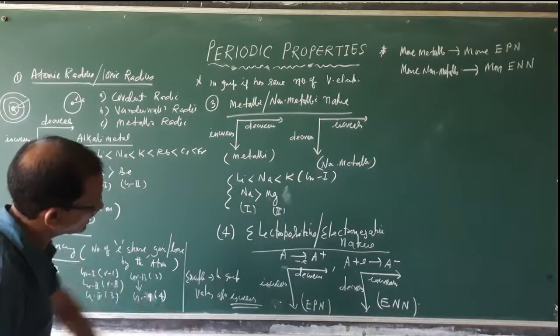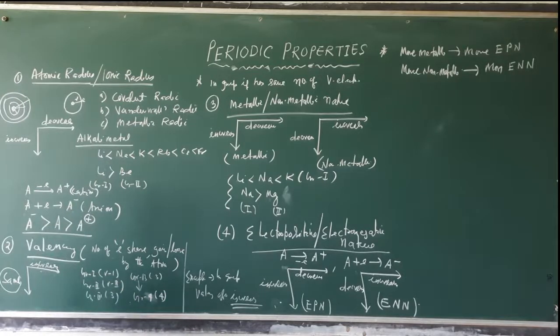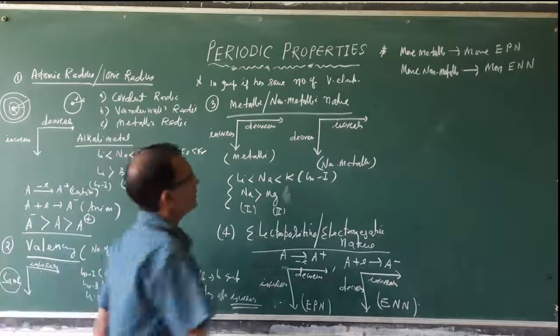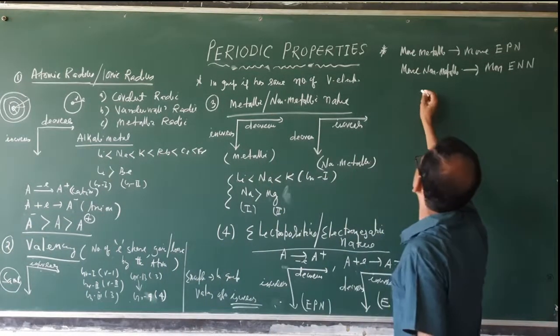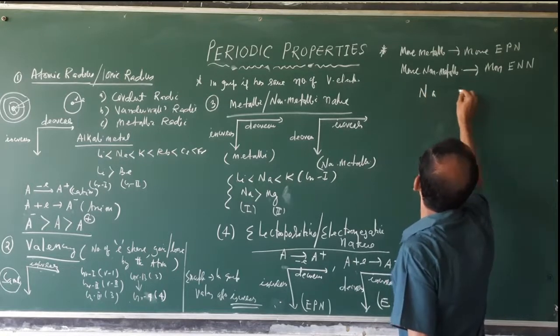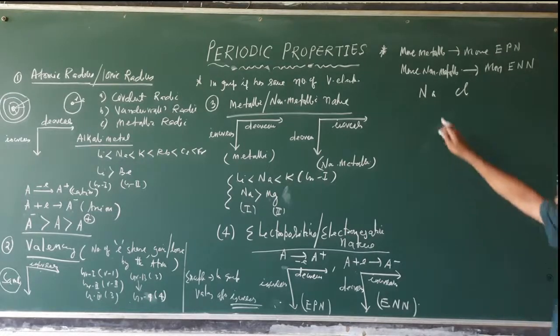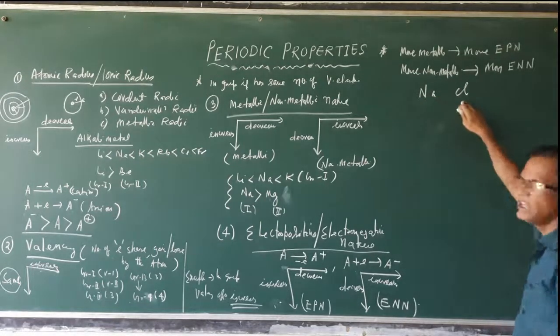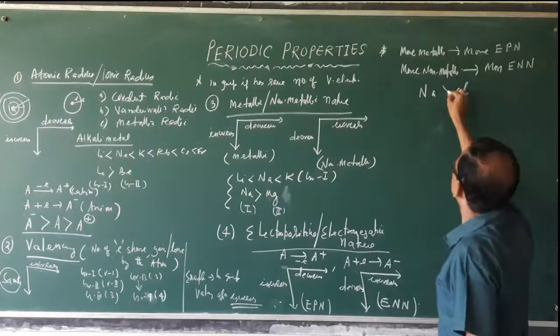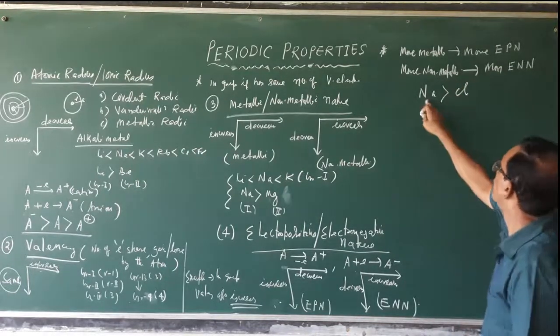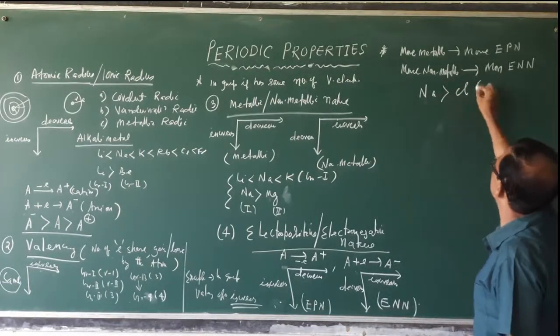So this is a very important relation between electropositive and electronegative character. Suppose you compare any two elements, say sodium and chlorine. Sodium is metallic and chlorine is non-metallic, so sodium is more electropositive than chlorine.